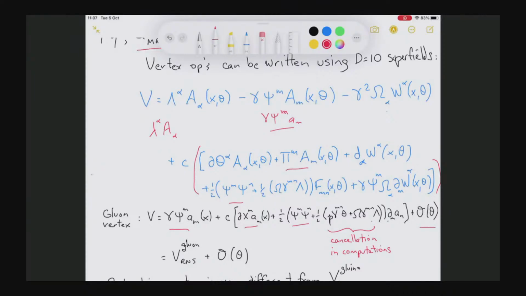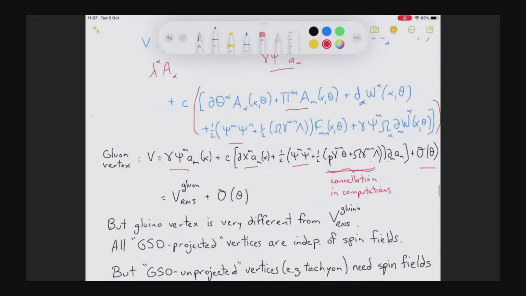That's just because there are no conjugate variables, so no small p's to cancel the thetas. So for the gluon vertex, it's relatively straightforward to see that, at least for tree amplitudes, the amplitudes are the same as in the RNS formalism. Essentially, all the theta dependence just drops out, and this dependence here just gets canceled because of fermion and boson cancellation.